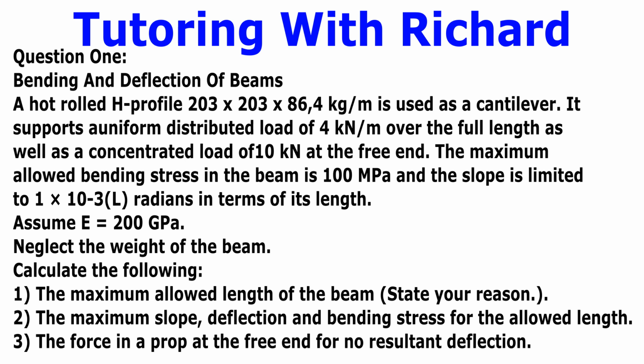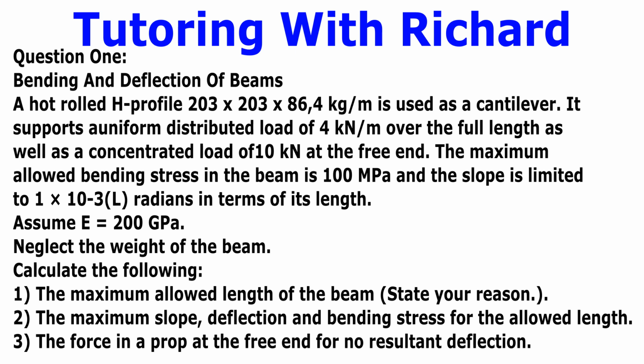The maximum allowed bending stress in the beam is 100 megapascals. The slope is limited to 1 times 10 to the negative 3 radians in terms of its length. Assume E, the modulus of elasticity, is 200 gigapascals. Neglect the weight of the beam.